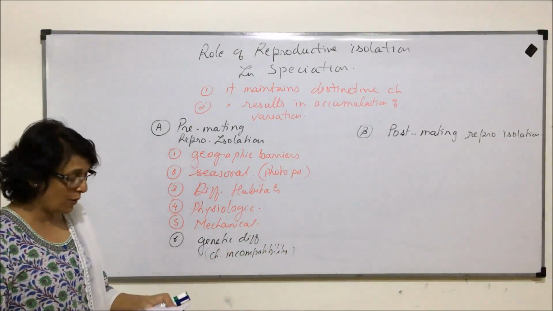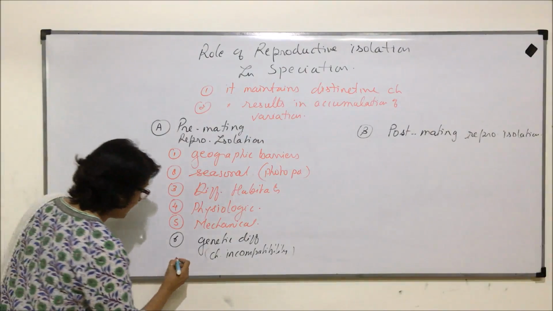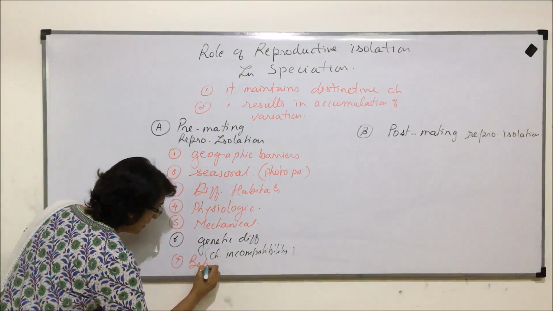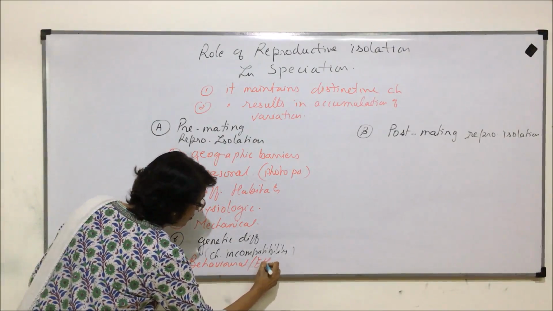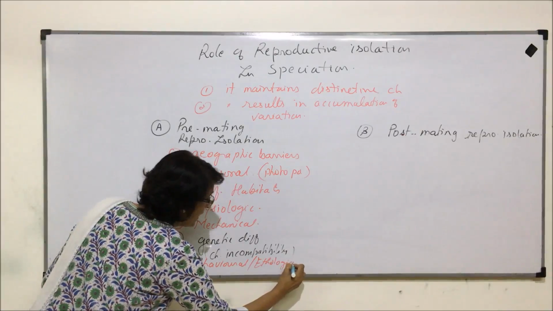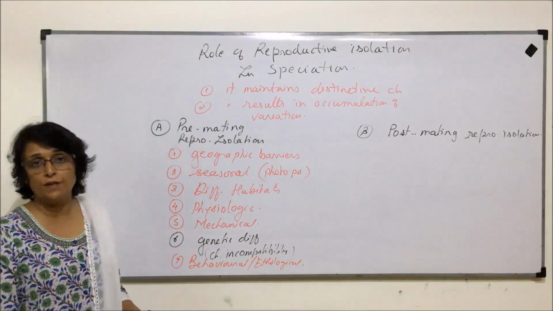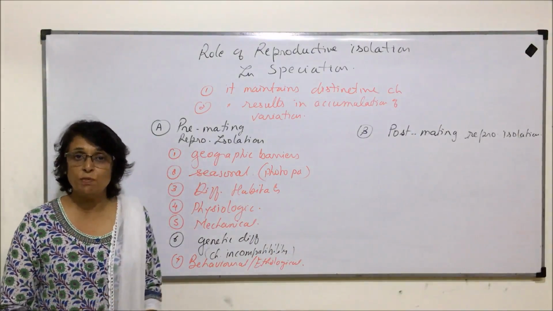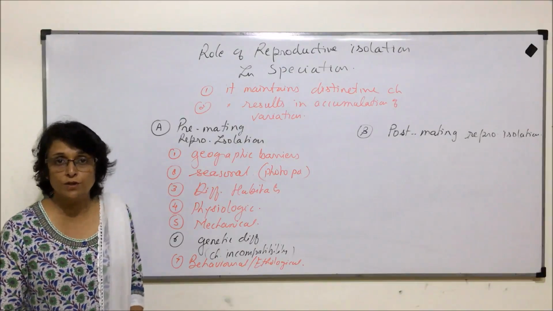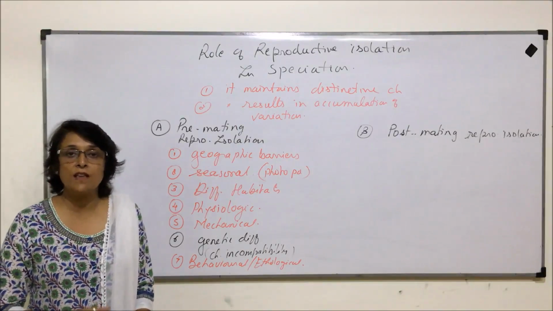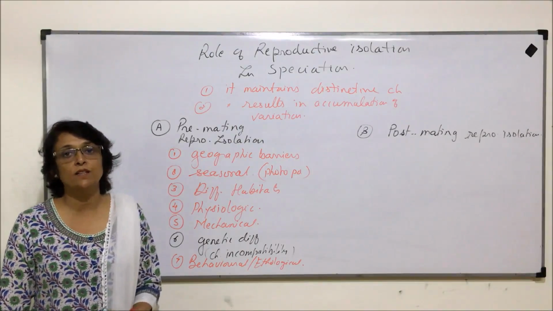And the last one is behavioral differences, or it is also known as ethological. The members of slightly different species or subspecies have different types of courtship behaviors, and these courtship behaviors are normally executed by males in order to attract the females.